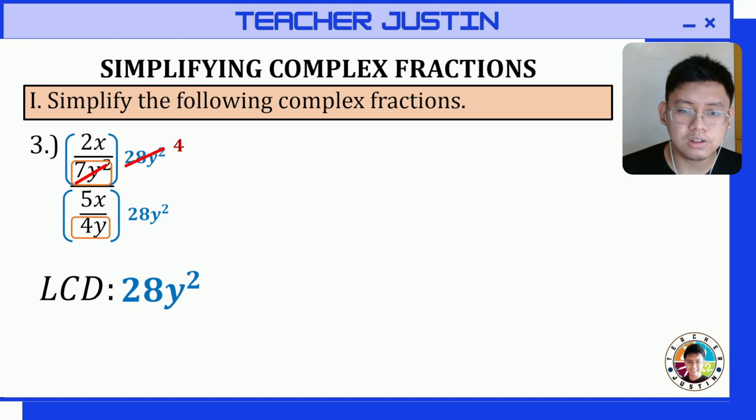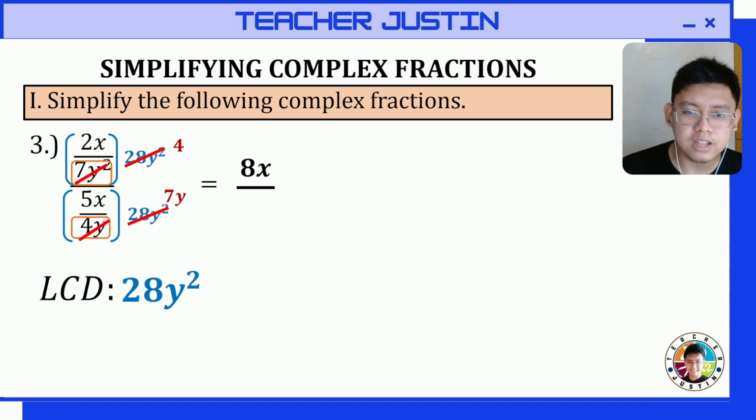Then, sa denominator naman, we can cancel 4y and 28y squared. Si 28y squared magiging 7y. Si 4y magiging 1. Then, let's multiply 2x and 4. That will give us 8x, our numerator. And our denominator, 5x times 7y, that will be 35xy.